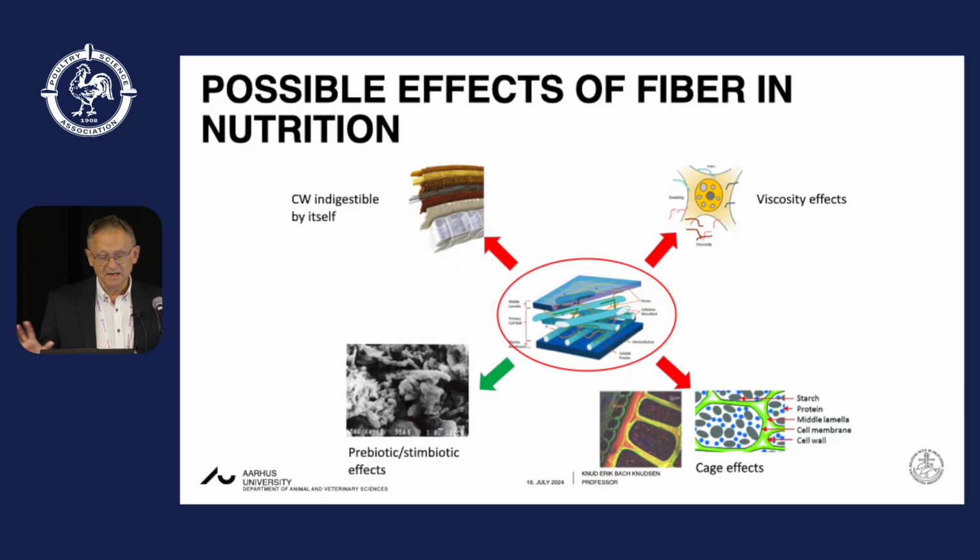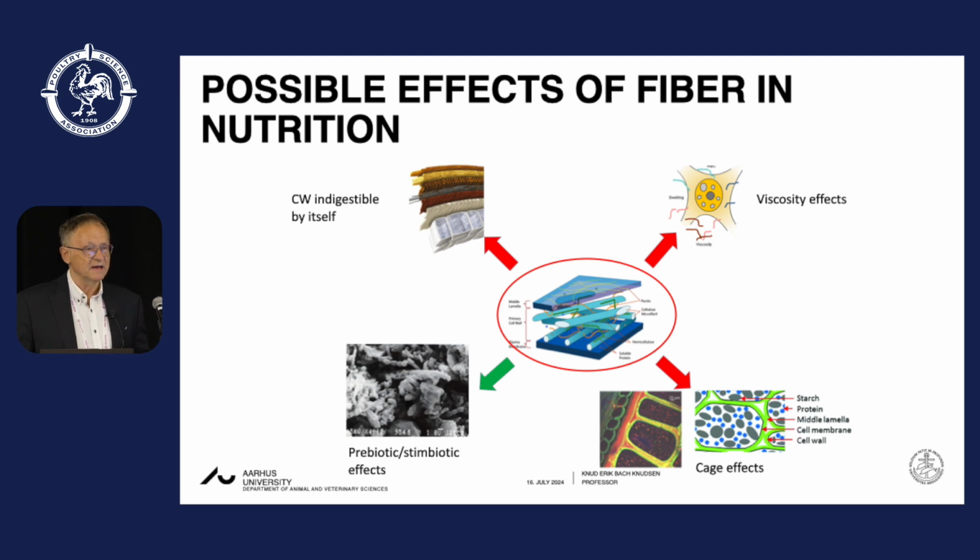Just briefly about the possible effects of fibers in nutrition. First of all, the cell walls are non-digestible by themselves. That means that whenever you have a cell structure coming from the feed that contains fibers, this can in principle not be degraded by the endogenous enzymes.